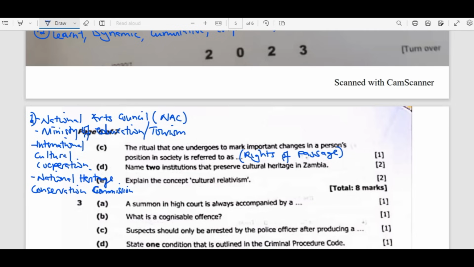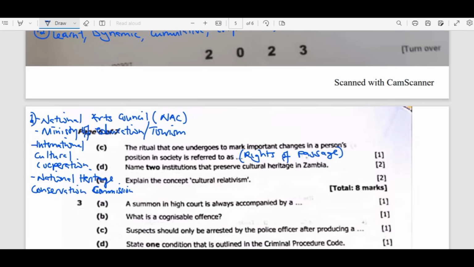Explain the concept cultural relativism. So relativism, that is the concept that we want to explain. So when we say cultural relativism, this is the idea. So this idea states that it looks at the behavior portrayed by an individual.